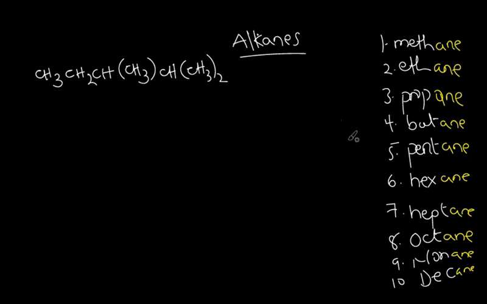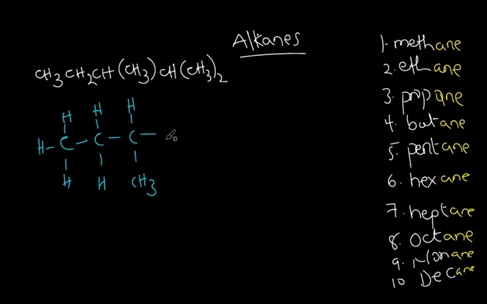First of all we need to draw the structure. So we have 1 carbon with 3 hydrogens. Then bonded to the second carbon, it has 2 hydrogens. Then the third one, which is C, has 1 hydrogen and a CH3 attached to it. Then bonded to this carbon with a hydrogen, we write 2 CH3s, so we have CH3 here, CH3 over here.